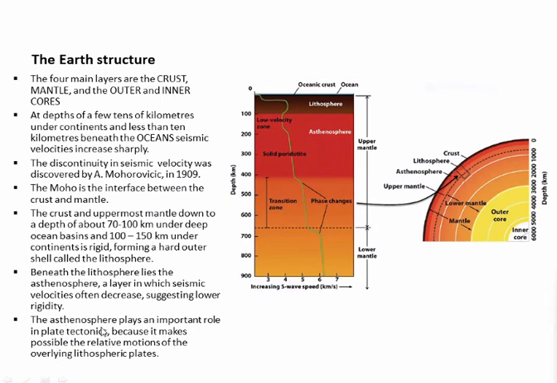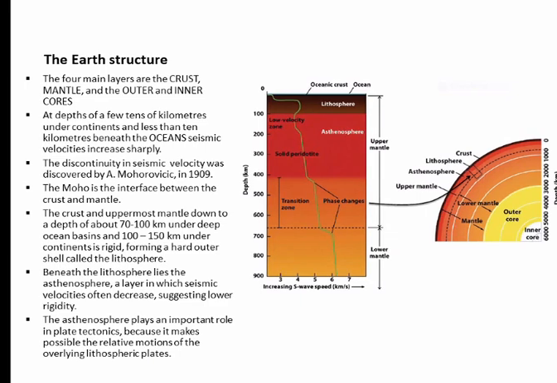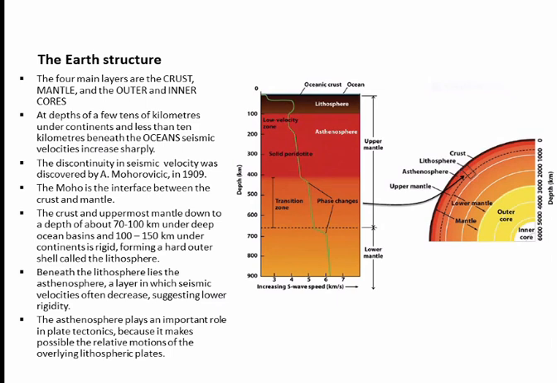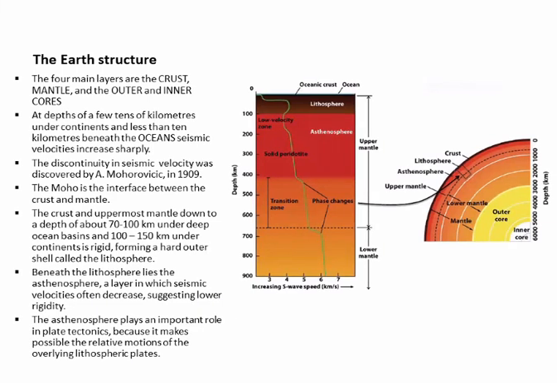So the asthenosphere plays an important role in plate tectonics. In the last class, I told you about plate tectonics. Plate tectonics is one of the pieces of evidence we give that the continents are moving apart, Asia, Africa and the rest.